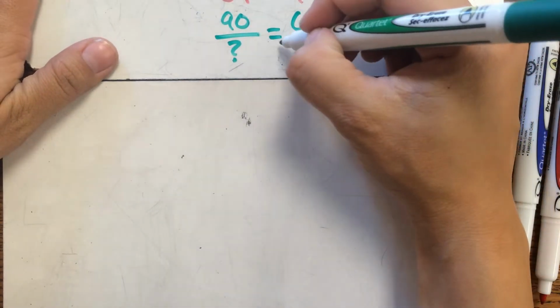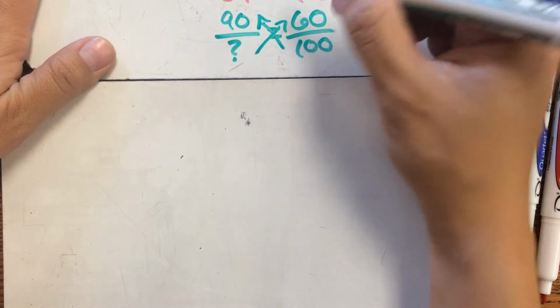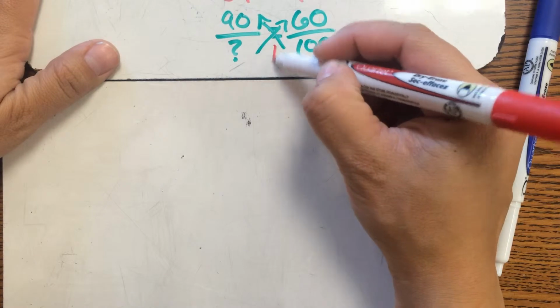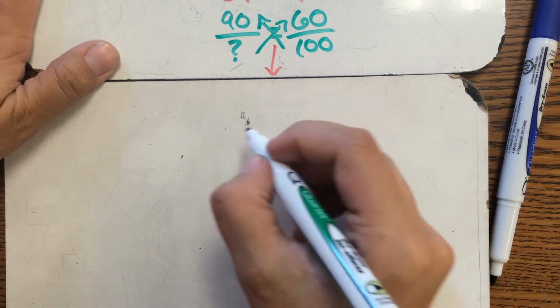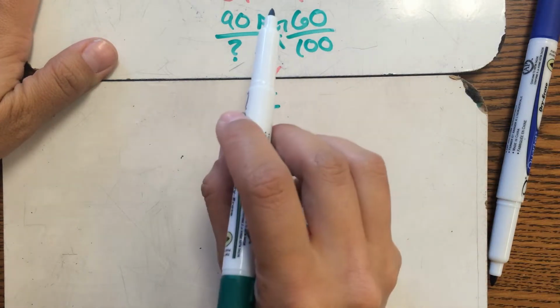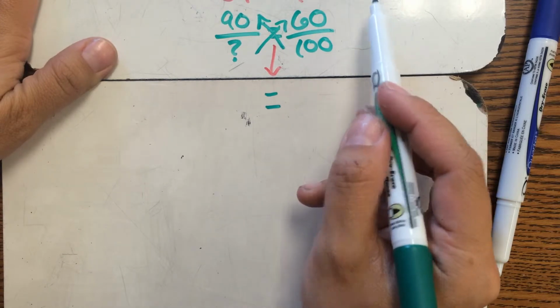Let's cross multiply. The 100 is going to come over here. The question mark is going to come over here. Remember, every time you solve an equation, copy the equal sign exactly underneath where it started out. Keep all the terms that start on the right side on the right side unless you're doing something with them.